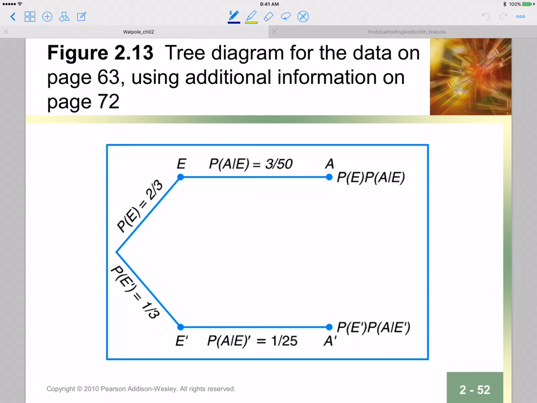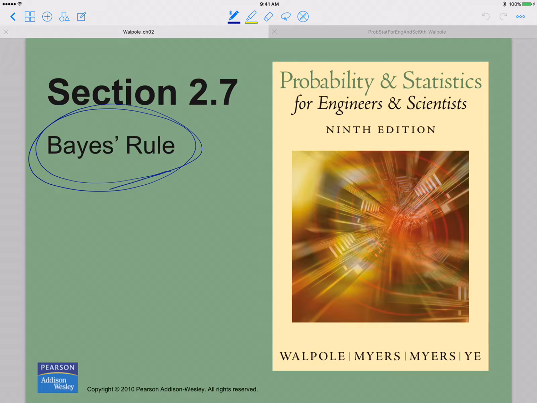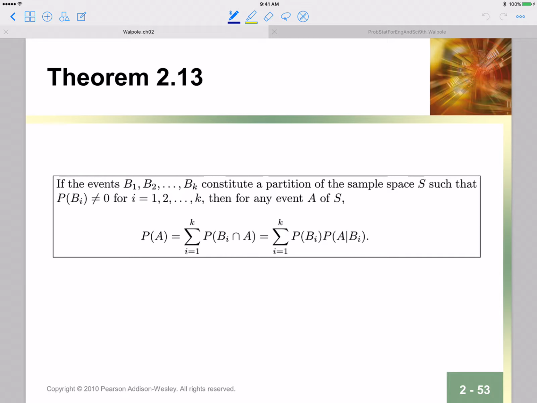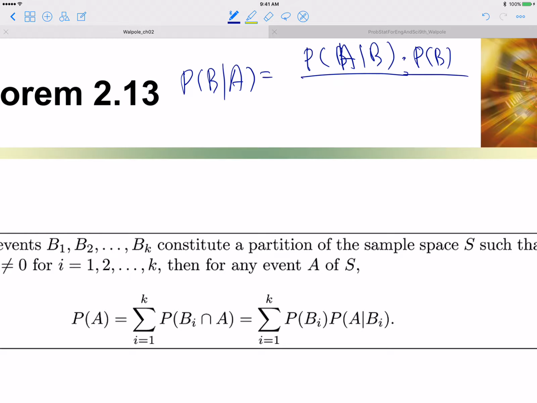Okay, now we are at the 52nd slide, which is about the Bayes rule. So Bayes rule is this: P of B given A is the same as P of A given B times P of B, divided by P of what?